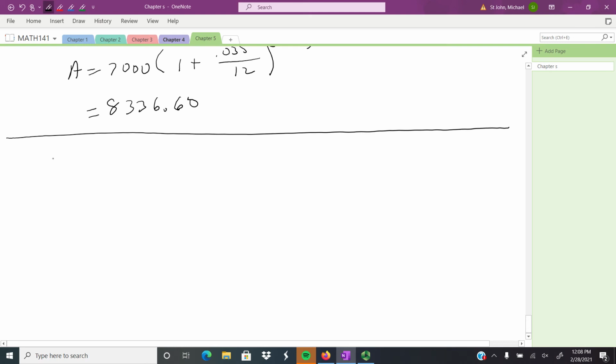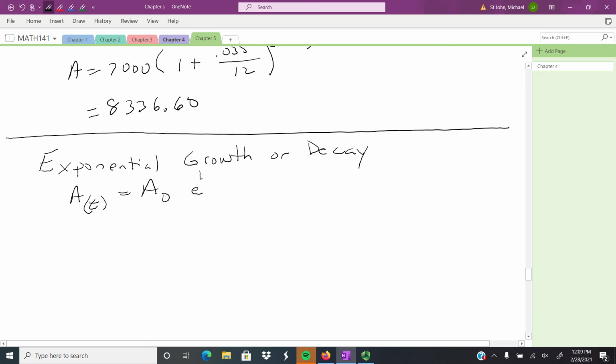So then you can have either exponential growth or decay. And so you get this A sub t equals A naught e to the kt. So A sub t is the amount at time t.